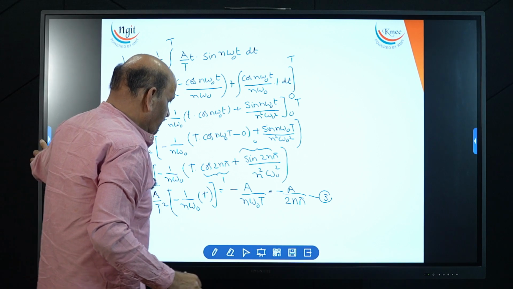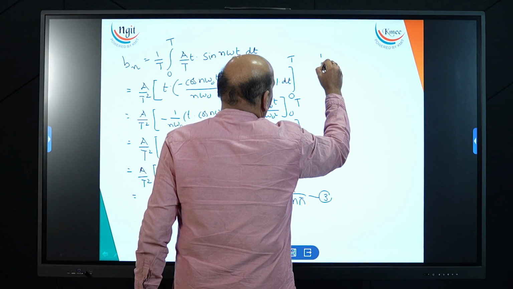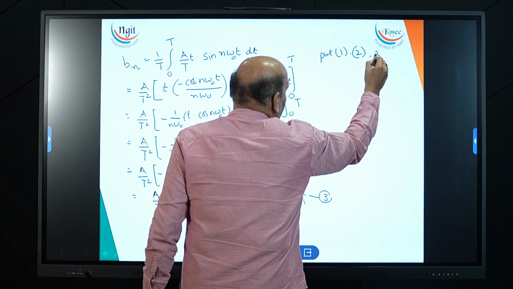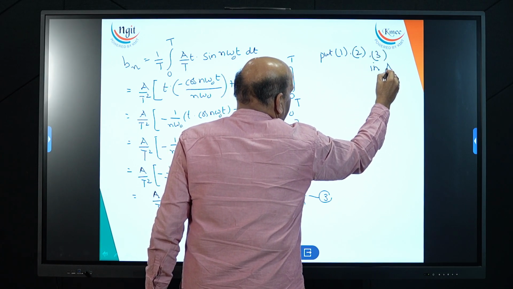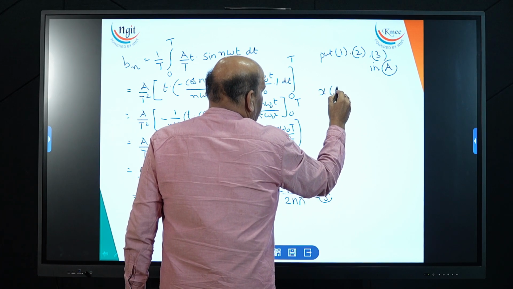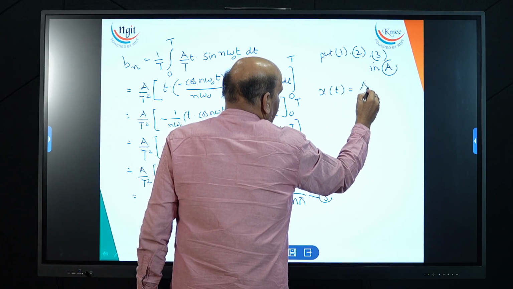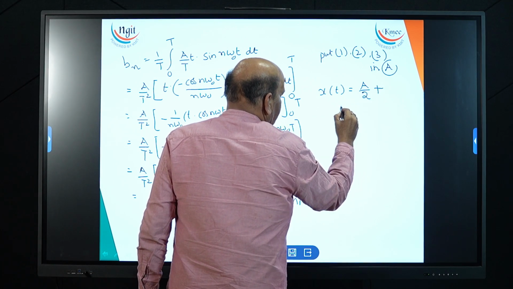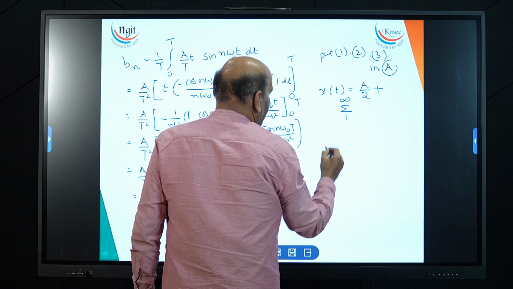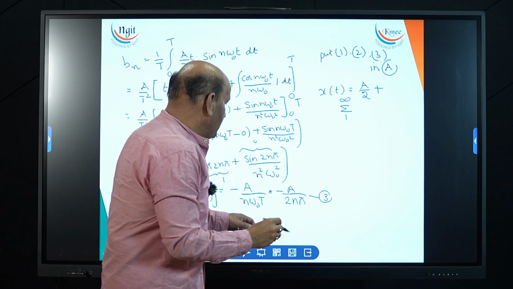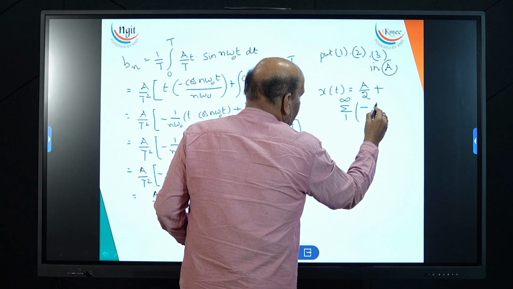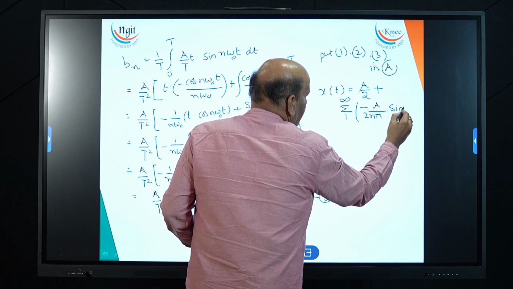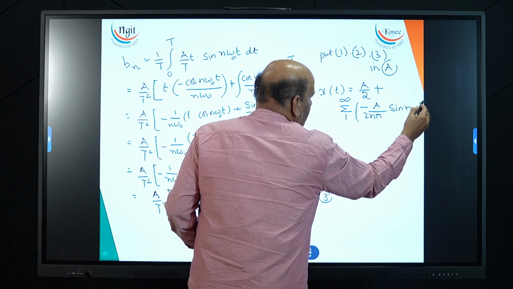Now substituting these three values, put 1, 2, 3 in the main equation A. This will become x of t equal to half a naught, equal to 2, A by 2, 1 by 2 means A, plus summation 1 to infinity, an equal to 0. Bn value how much? Minus A by 2n pi into sine n omega naught t.